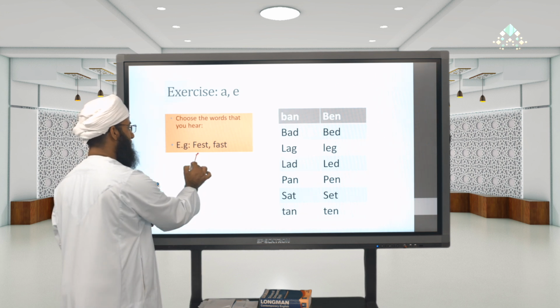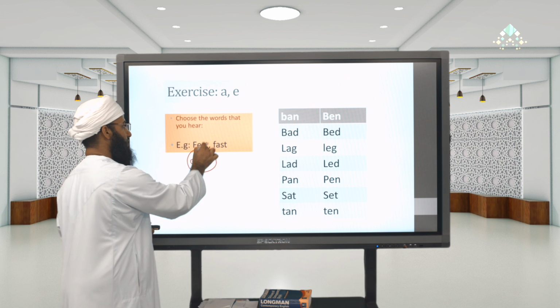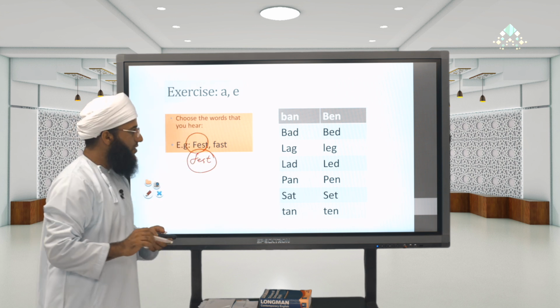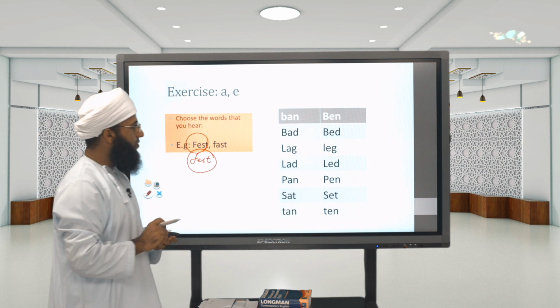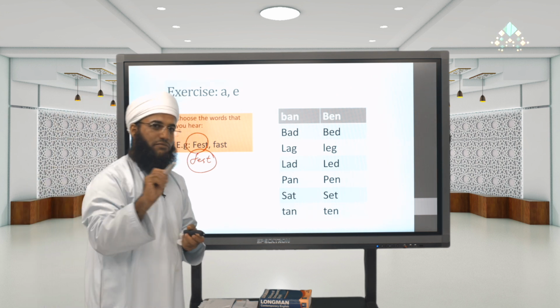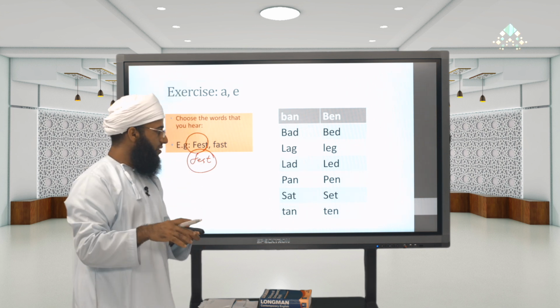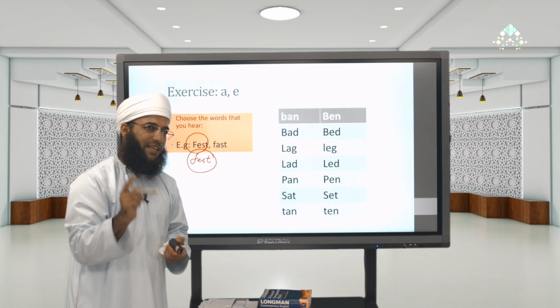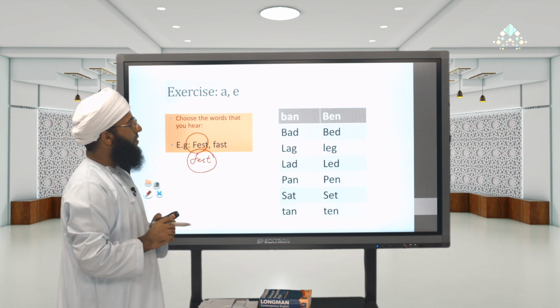Either you write fest or you can circle it. So this is the one I said, fest. So now from these I will say a word and I want you to write the word, or if you have it already, you can circle which one I said. Okay? So number one.